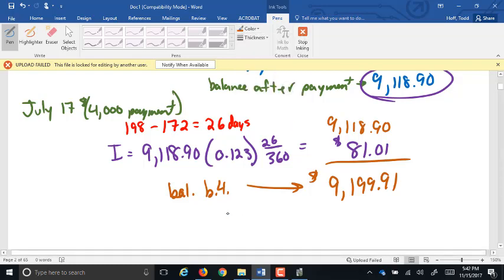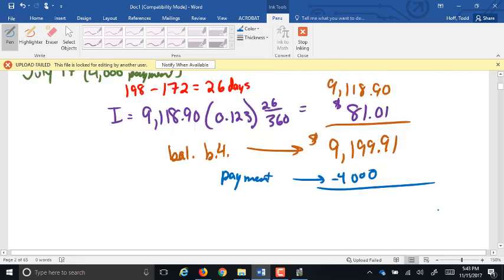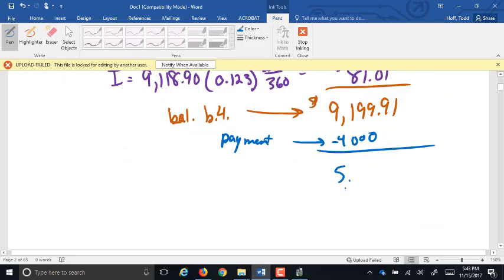So then we subtract our payment of $4,000. So we get a balance after of $5,199.91. That's our balance after the payment.